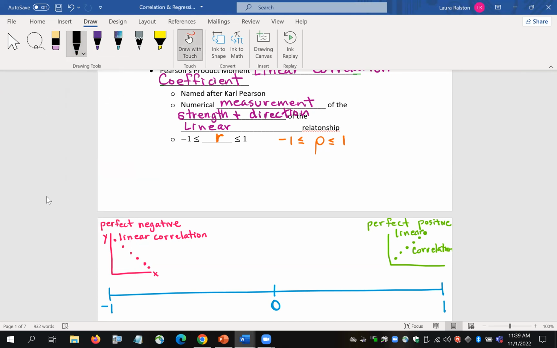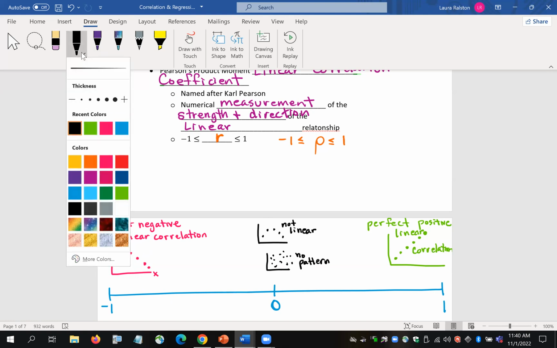If your R value is near 0, one of two things is happening. Either you don't have a linear pattern. You could have a pattern, but it's not linear, or you have no pattern at all. And the deal is, guys, R can be any value in between. It is going to be very rare that you're going to have a perfect negative or a perfect positive linear correlation.